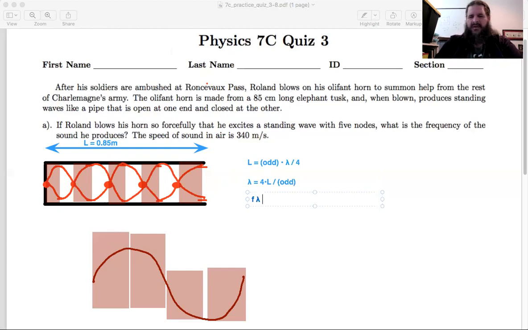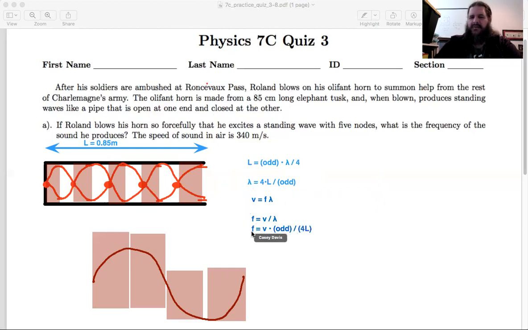What do you get if you multiply those? Yeah, that gets you speed. Speed is frequency times wavelength. So frequency is just going to be speed over wavelength. That means since we're dividing by wavelength, we're just multiplying by the reciprocal. So V times an odd number divided by 4L.